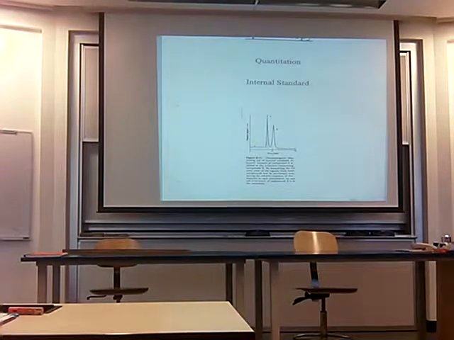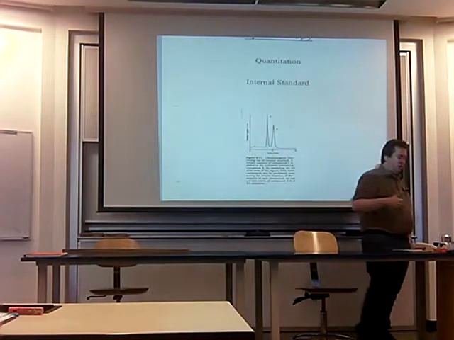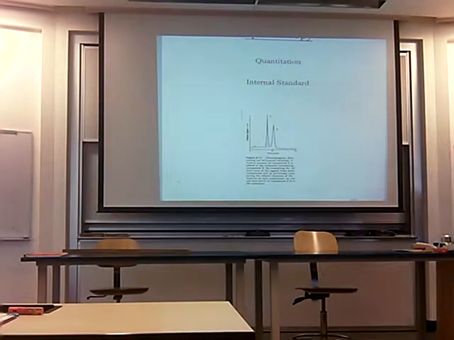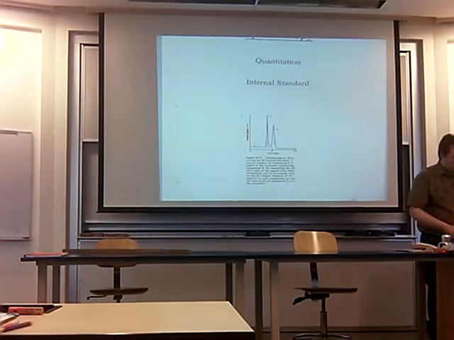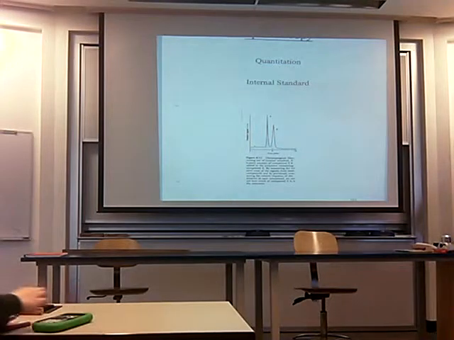So in standard addition, you have to add the exact same analyte that you are interested in. In internal standard, you have to add something that is chemically distinct, so that you can somehow distinguish it, but yet you want it to be as similar as possible to the analyte that you're interested in.